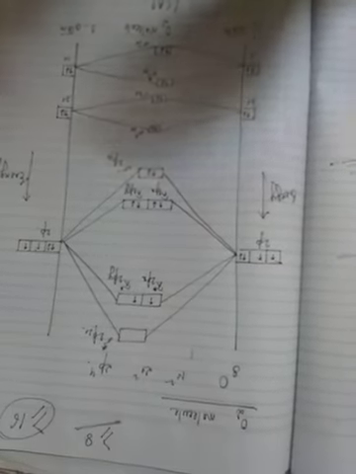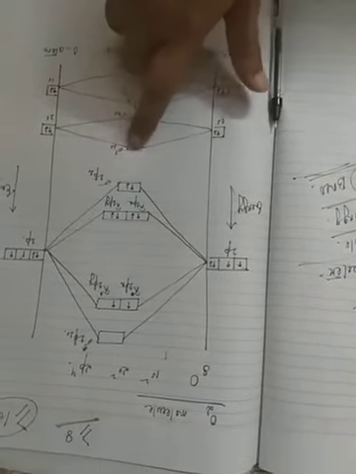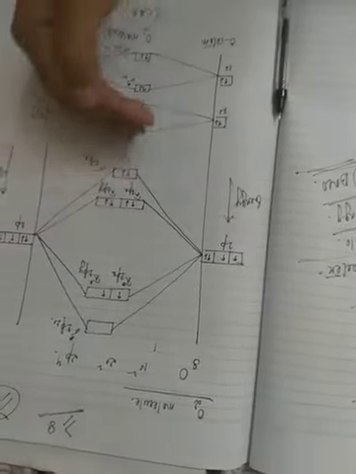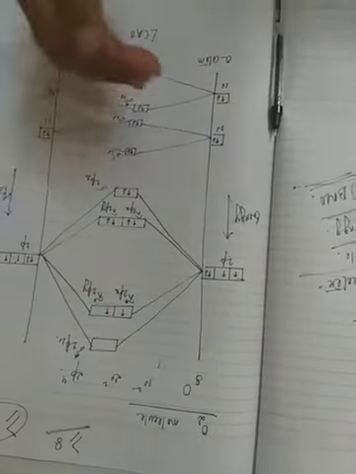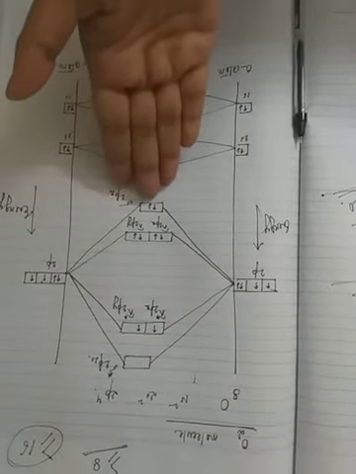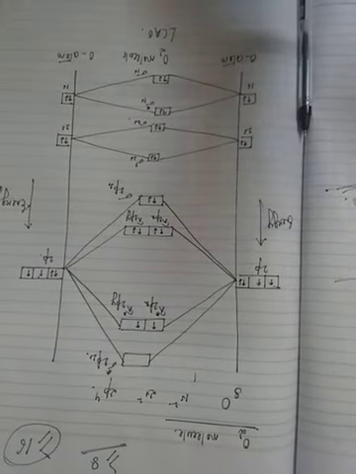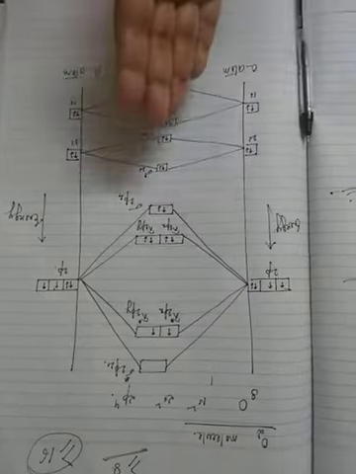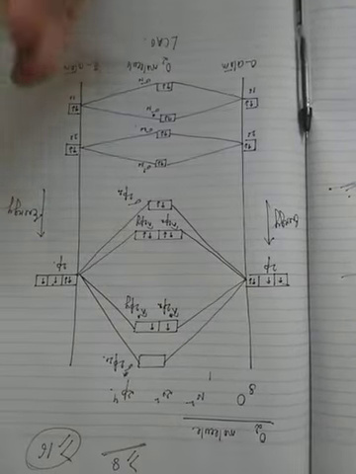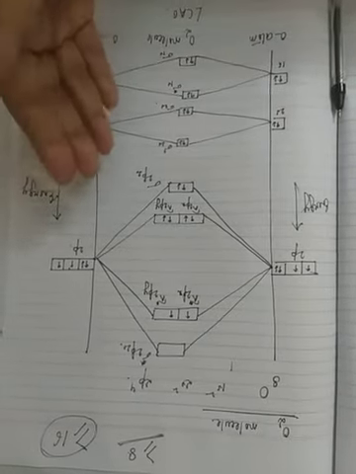There is a sharp gap after 2s, and after that the 2p starts. So first the sigma bond would be formed, after that the pi bond. What is seen in boron, carbon and nitrogen is actually an exception. This is the expected order, not the correct one.